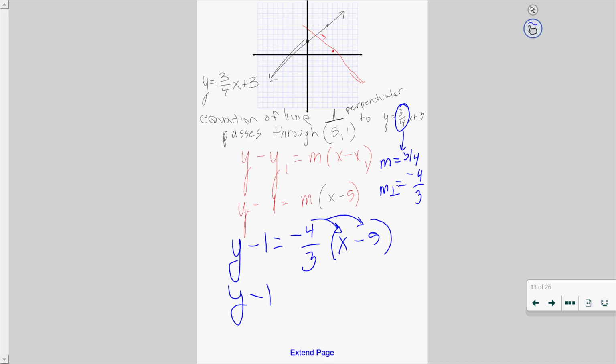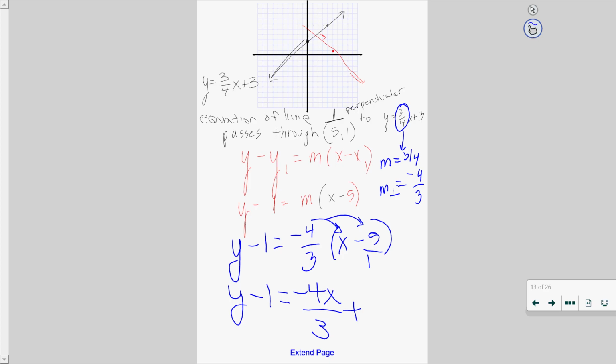So negative 4 thirds x, negative times a negative is a positive. How do I multiply fractions? How do I multiply negative 4 thirds times negative 5? Negative times negative is a positive. How do I do 4 thirds times 5? Just go across, right? Marcus is saying go across.